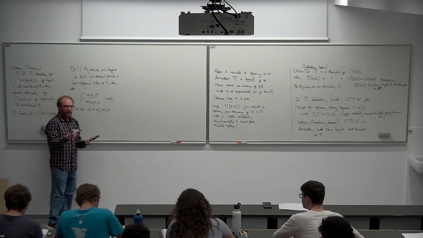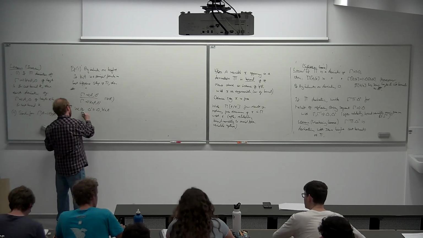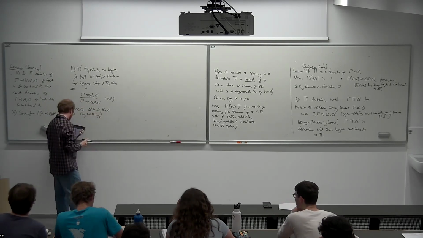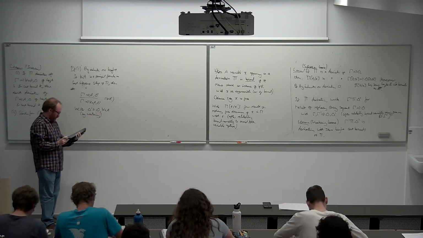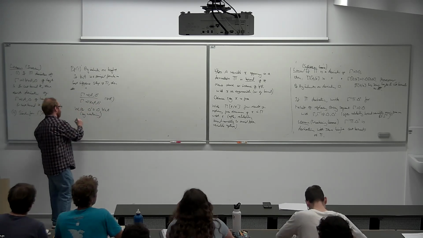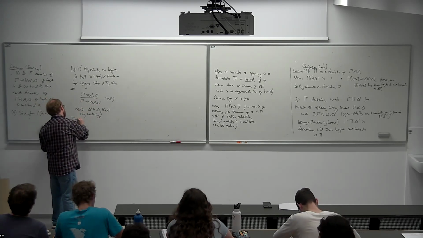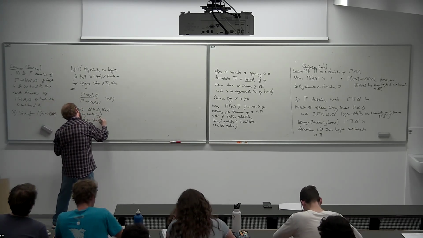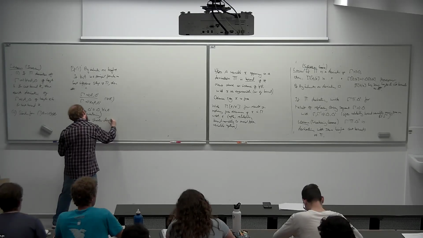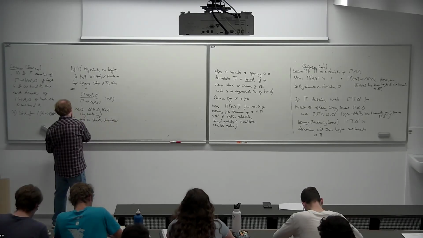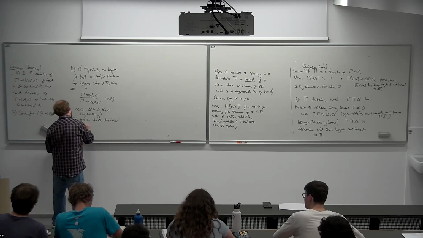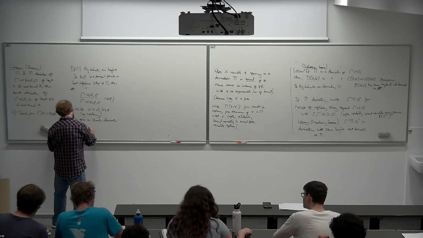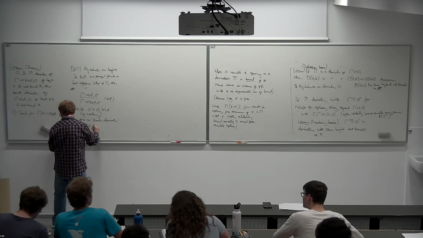But if it's not, we can add it in by weakening. So this is always true without loss of generality by weakening. And then this gives us a shorter derivation of gamma to a delta.